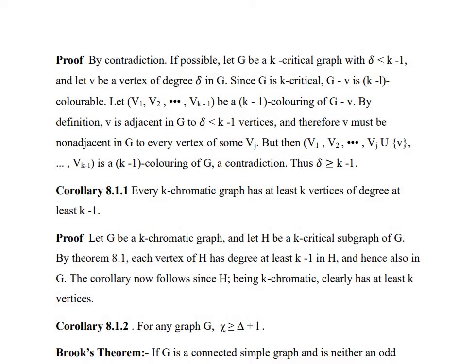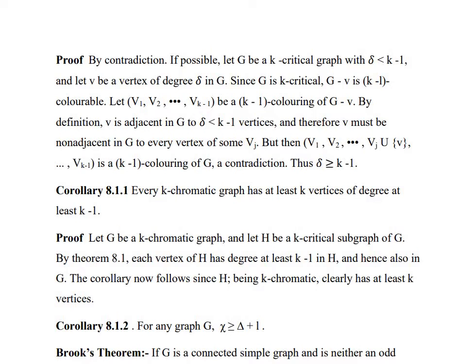Let V1, V2, etc., Vk minus 1 be a k minus 1 coloring of the graph G minus v. By definition, v is adjacent in G to delta less than k minus 1 vertices, and therefore v must be non-adjacent in the graph G to every vertex of some Vj.